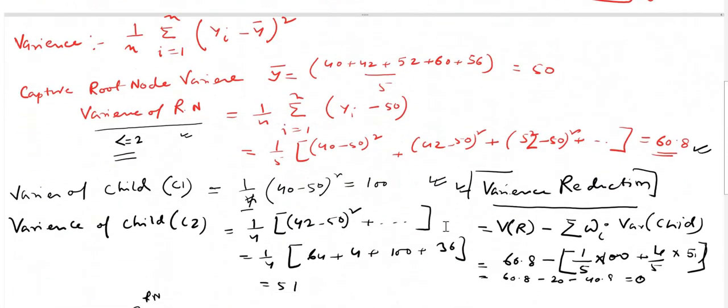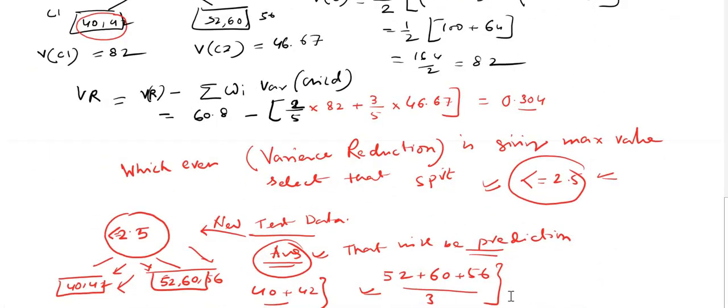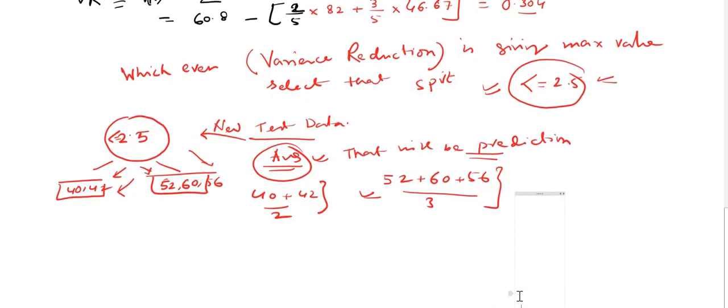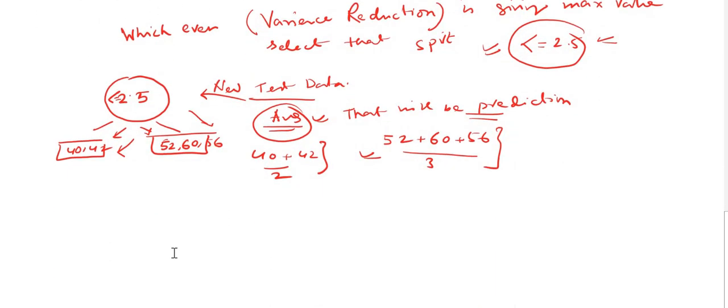So let me quickly summarize one more time so that it will be handy. When we are working with a continuous variable, we do not go to entropy.